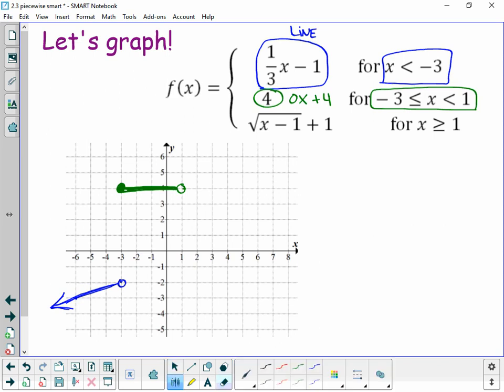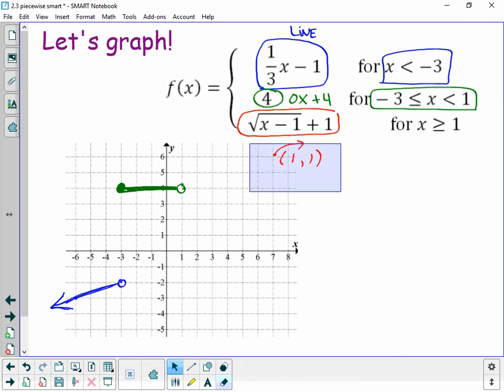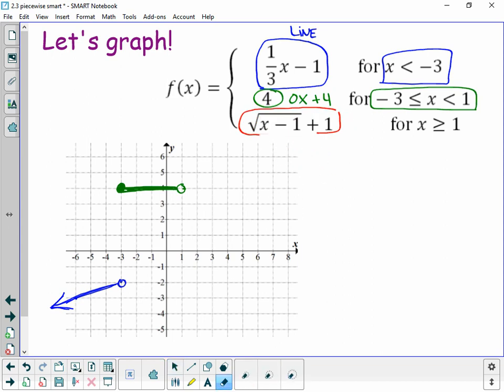We have a root. Okay, this is our root, this shape, and the starting point of this root is going to be 1, 1. Okay, so we're starting at 1. Up 1 over 1, up 1 over 3, up 1 over 5.